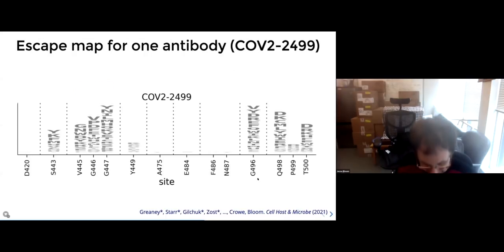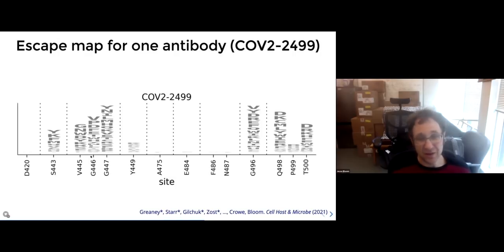So, okay, what do these escape data actually look like in real life? So here's an escape map for one antibody called CoV2 2499. This was an antibody isolated by the Crow lab at Vanderbilt from a SARS-CoV-2 convalescent individual. And we measure the effects of mutations throughout the receptor binding domain on antibody binding.